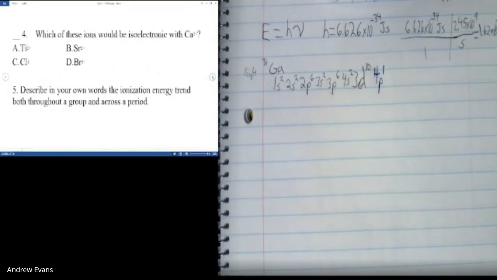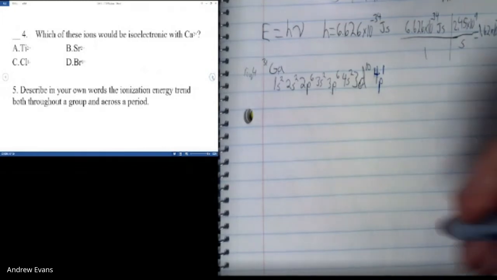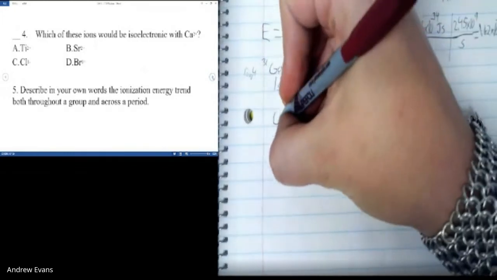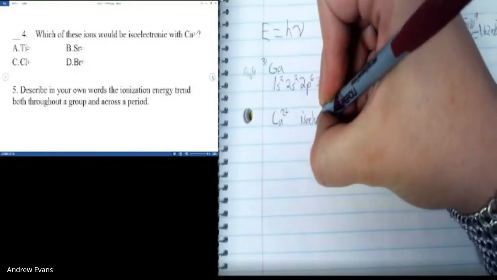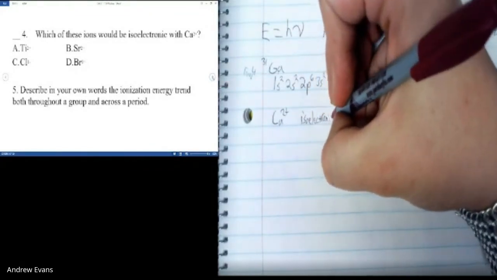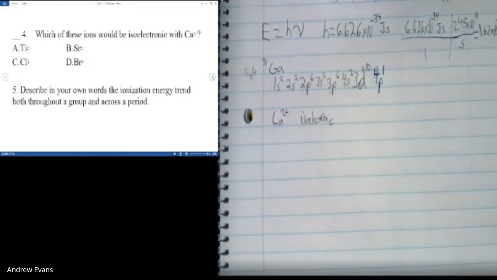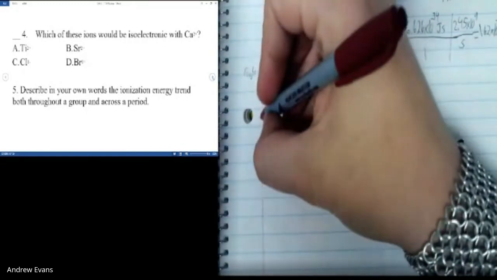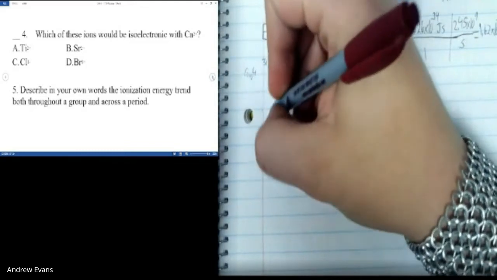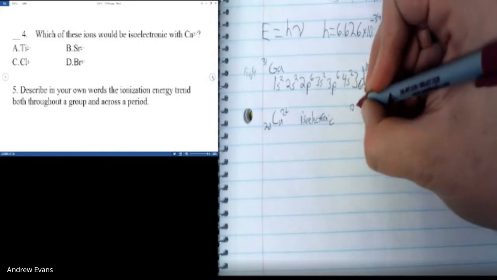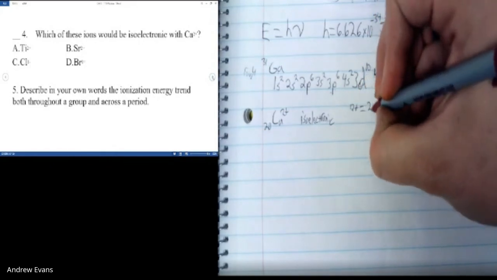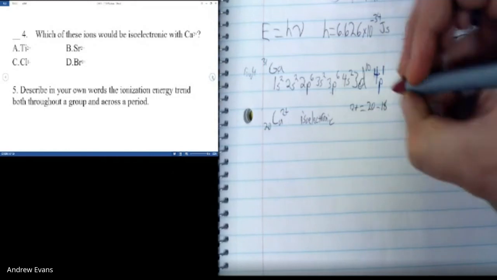Problem 4, a multiple choice problem. Which of the following ions would be isoelectronic with calcium 2+? We want isoelectronic, which means calcium is element number 20, so 20 protons. Because it is 2+, it's going to be 20 minus 2, which is 18.